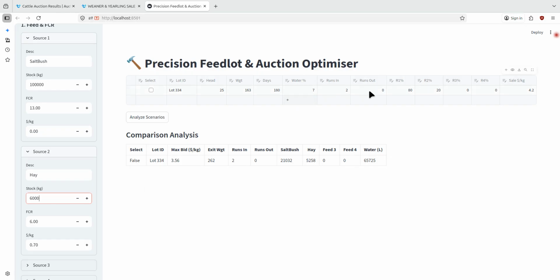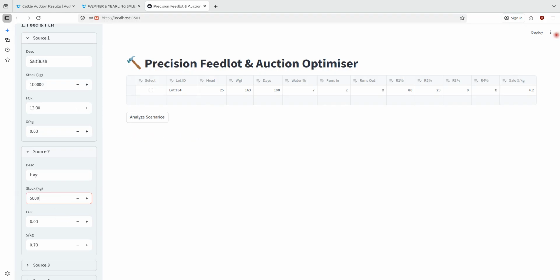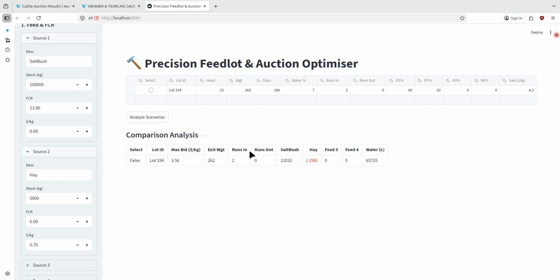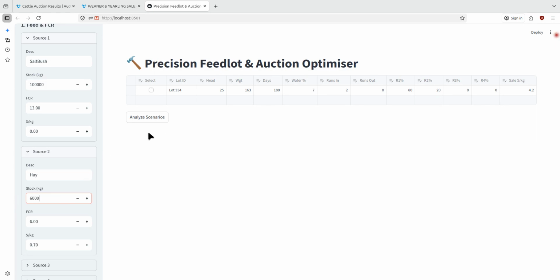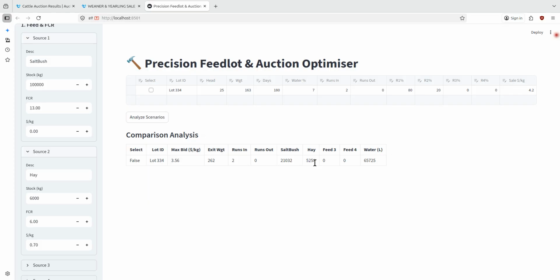If I say I only had 5,000 in stock, then when I go to do my analysis, it's going to say, hey, you're under, you can't do it. You've either got to buy more in and put that back up to 6,000. I've got to get another 3 rolls to give me 6,000, and that'll bring me back up to where I need to be.